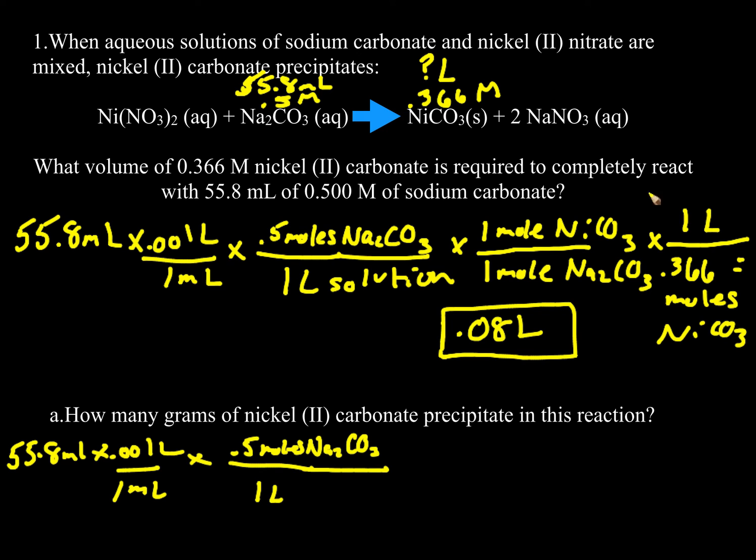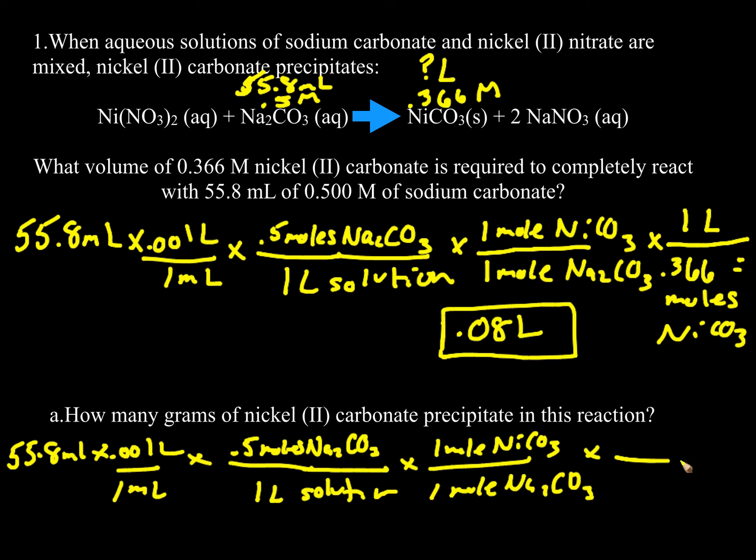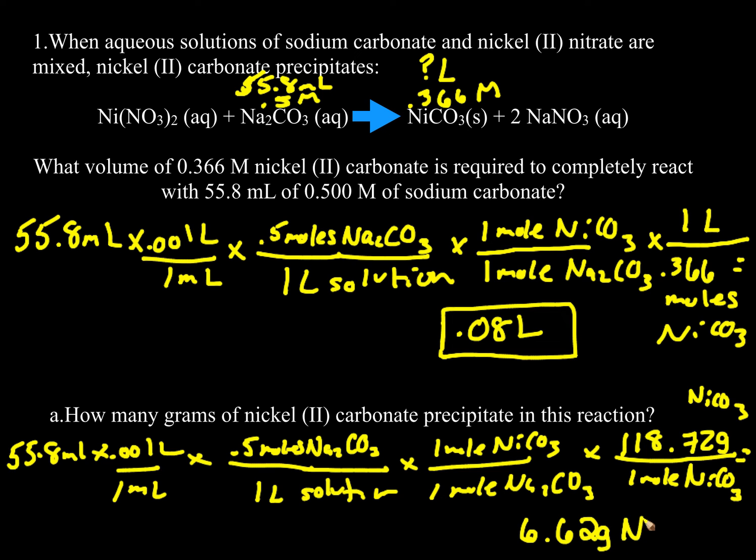You could just take what you got from this part and multiply that by the molar mass of nickel 2 carbonate, which is 118.72 grams. Plug that into the formula. You get 6.62 grams of NiCO3.